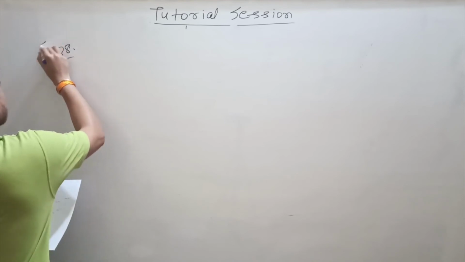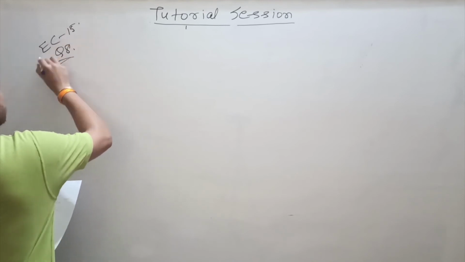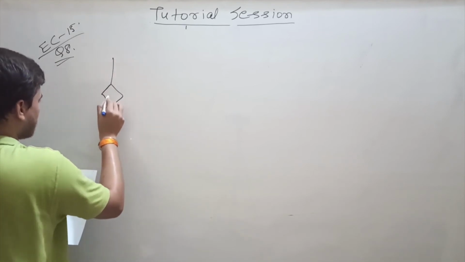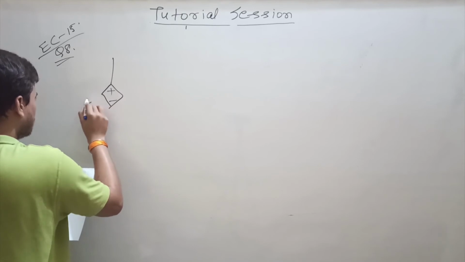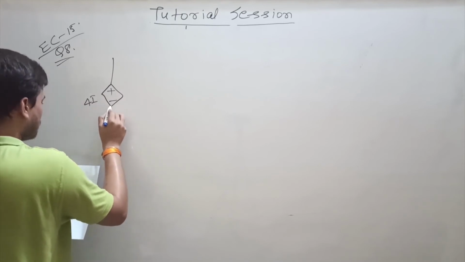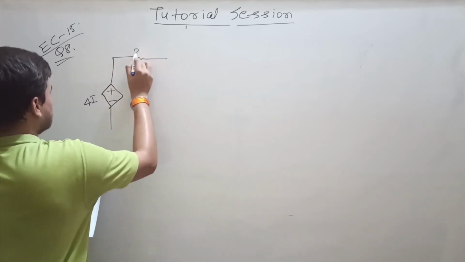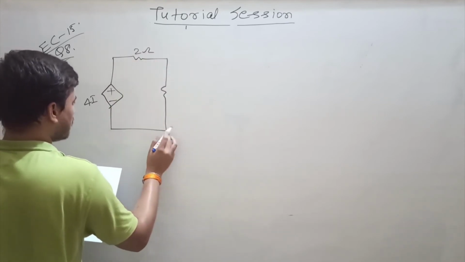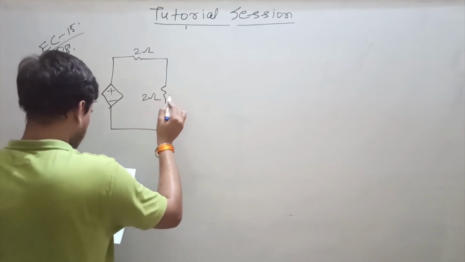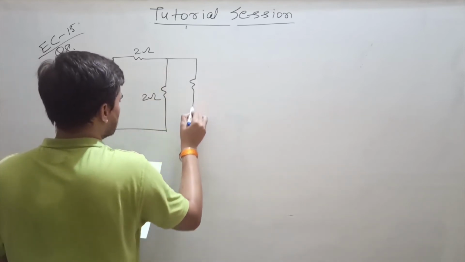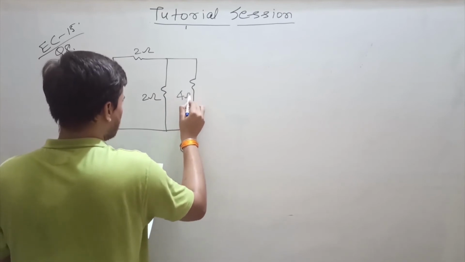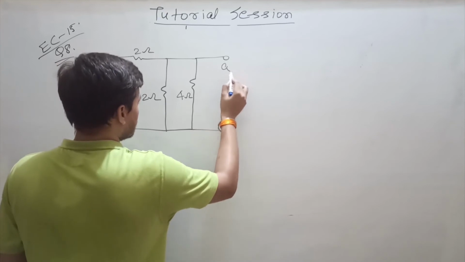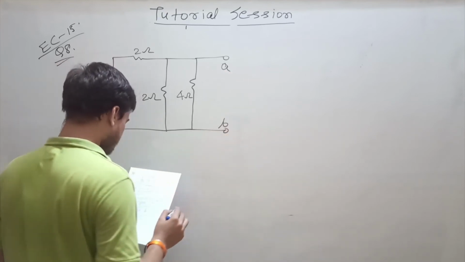It was asked in GATE 2015 Electronics and Communication Engineering. The circuit has a dependent source of plus minus 4I, a 2 ohm resistor, another 2 ohm resistor, and a 4 ohm resistor, with terminals A, B.